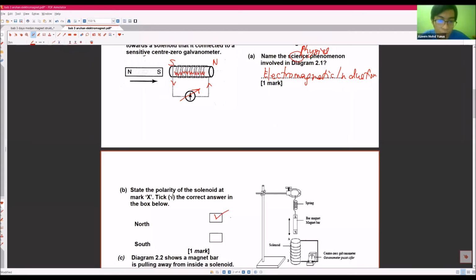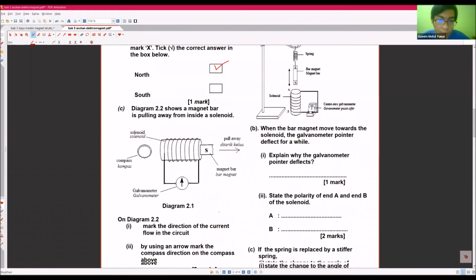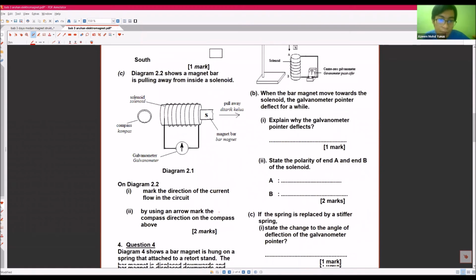Diagram 2.2, a bar magnet is pulled away from inside a solenoid. Mark the direction of the current flow in the circuit. So we must know the poles first. South is moving away, that means the solenoid end must be the opposite pole. Why? Because Lenz's law says the change that we do, which is the south moving away, causes the solenoid to act against it.